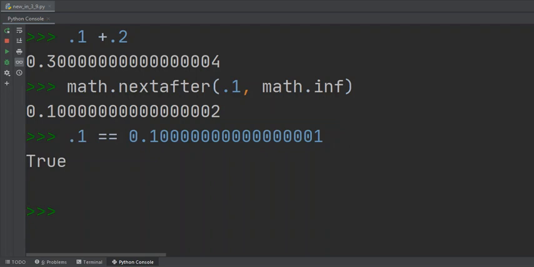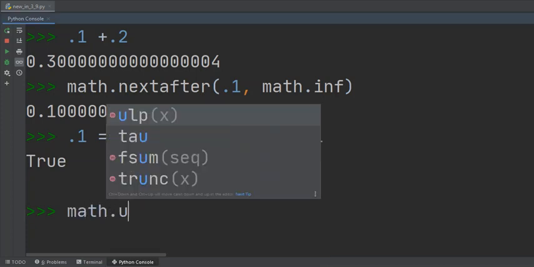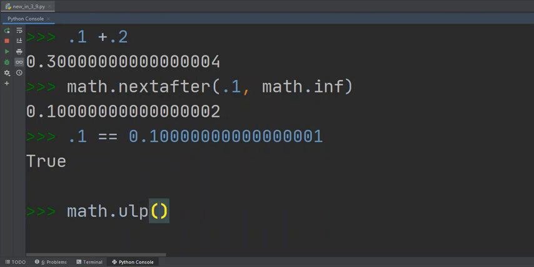And so one potential use case of math.nextafter is to understand what is really the next incremental floating point number, and use that knowledge to understand what's happening with rounding errors and other issues with floating point arithmetic.